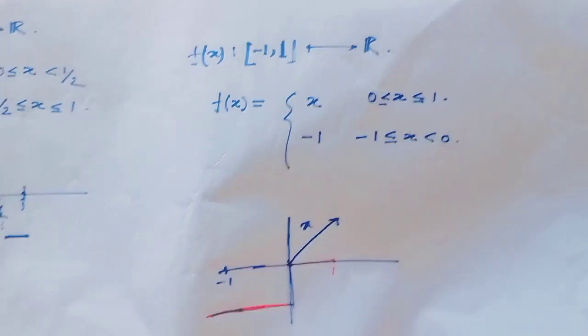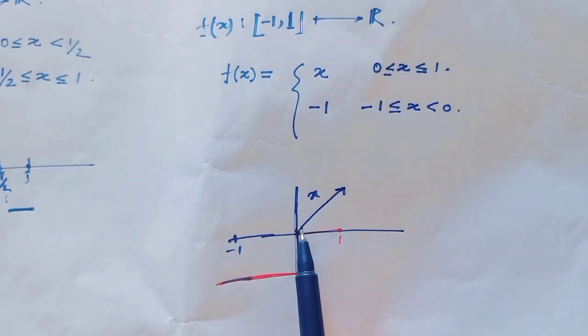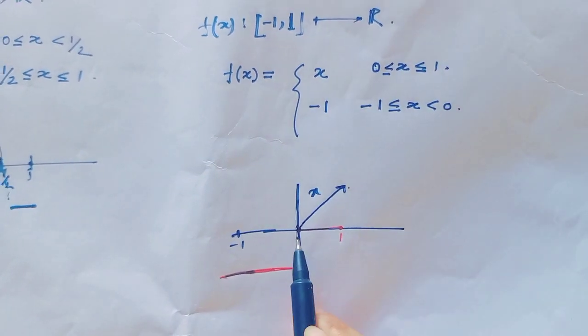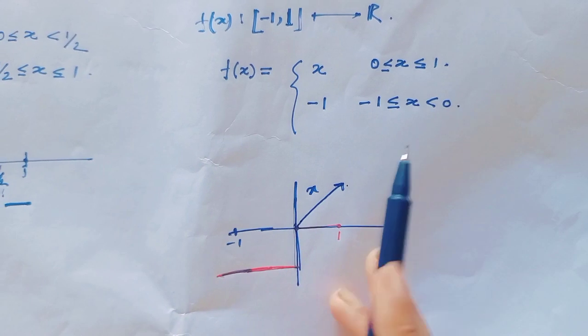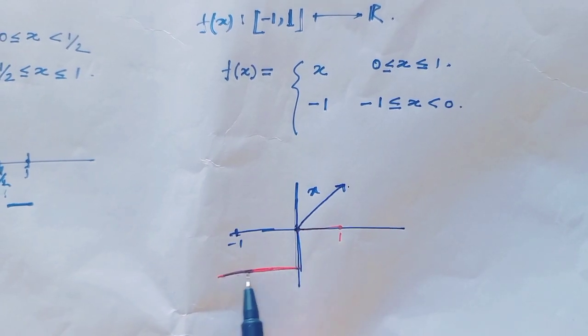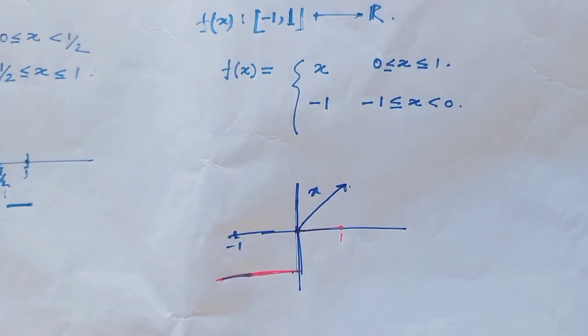Here the graph of the function looks like f(x) equals x for x from 0 to 1, and for minus 1 to 0, open at 0, the value of the function is minus 1.